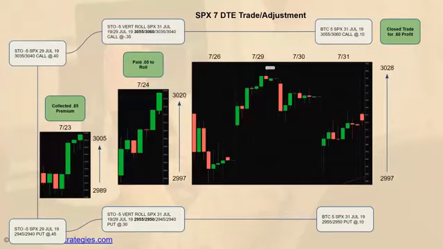And actually on my YouTube channel, I do have a roll that I did on my phone, showing basically the steps that I took to place that roll, so that you could see how to do it with at least Thinkorswim.